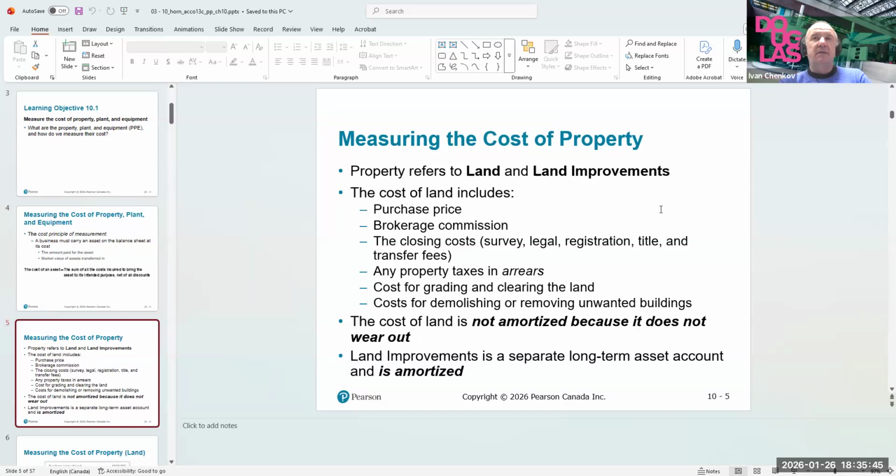So we have land improvement. We saw last time what's included in the land: purchase price, brokerage commission, closing costs, property taxes, cost of grading, clearing, demolishing, removing unwanted buildings until the land is ready for intended use. Land is not amortized.